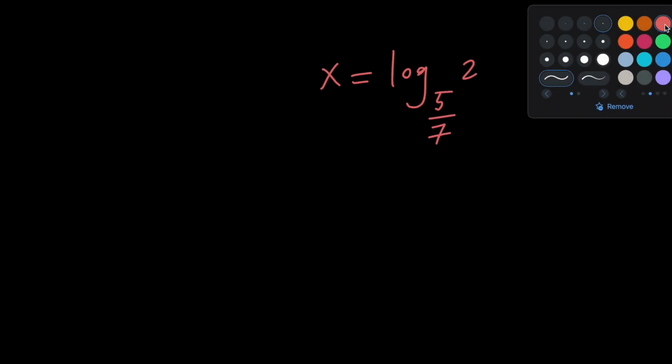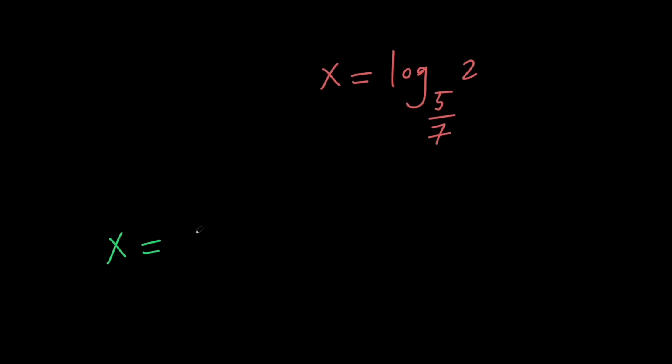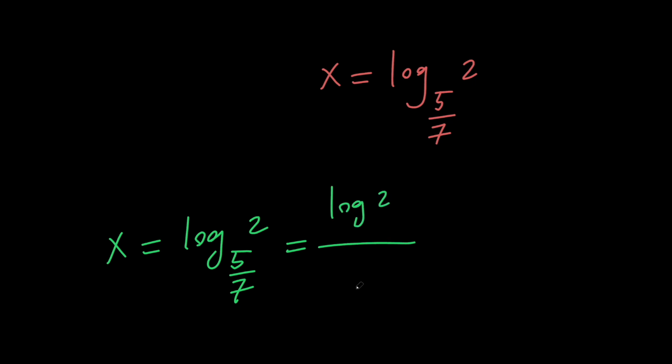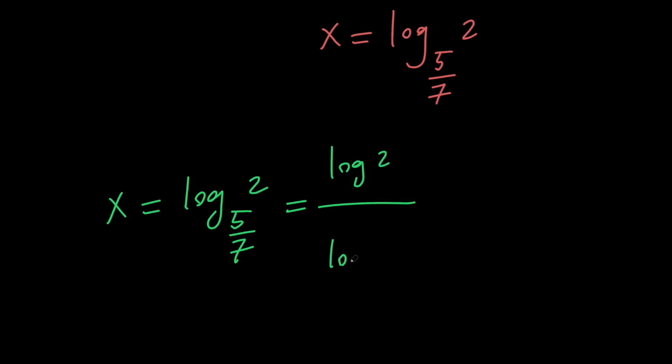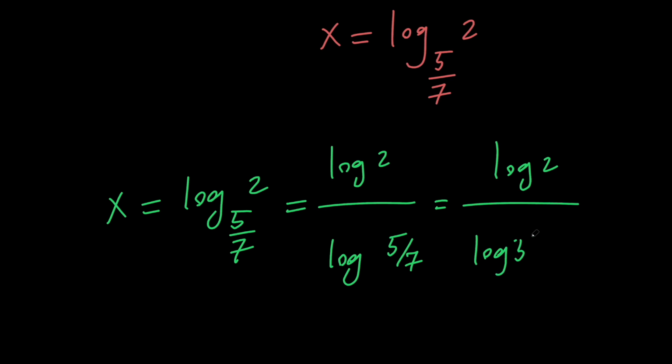Obviously, if x is log 2 with base 5 over 7, we can use the change of base formula and write this as log 2 with base 10 over log of 5 over 7 with base 10. Then we can rewrite the bottom as log 5 minus log 7.